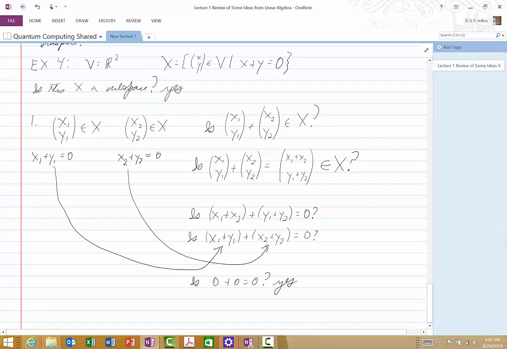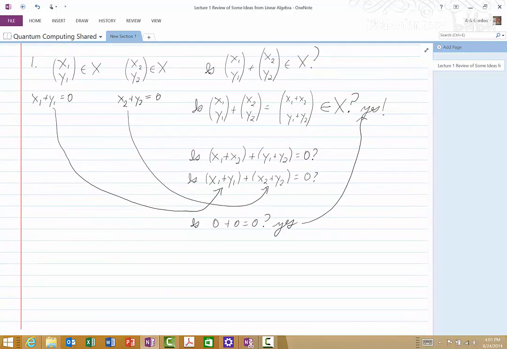So, that means the answer up here is yes. And therefore, X is indeed closed under vector addition.